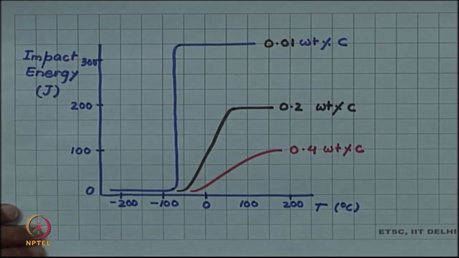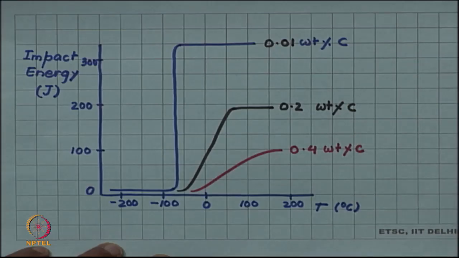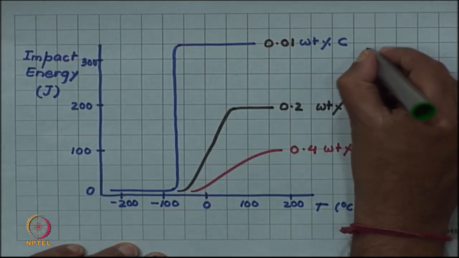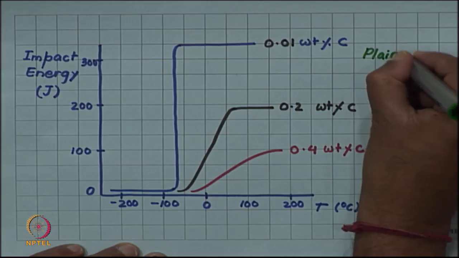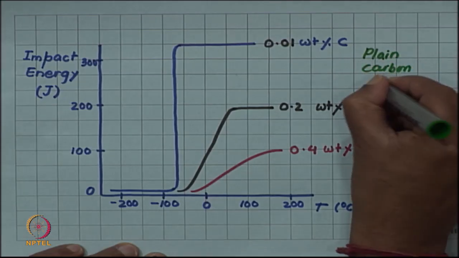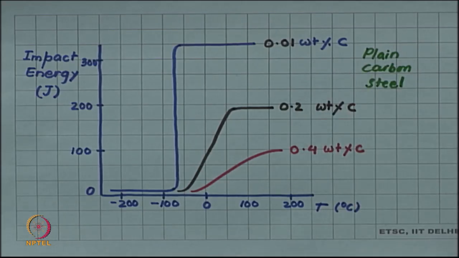When this test is conducted, it is found for, let us say, steel. So, this is plain carbon steel, all of them with different carbon concentration.